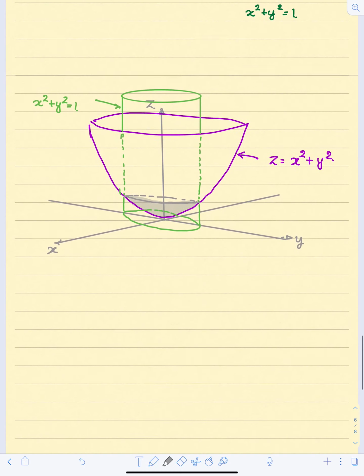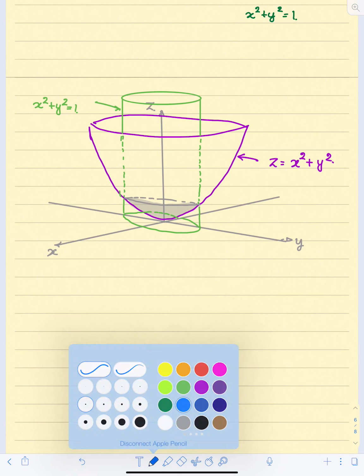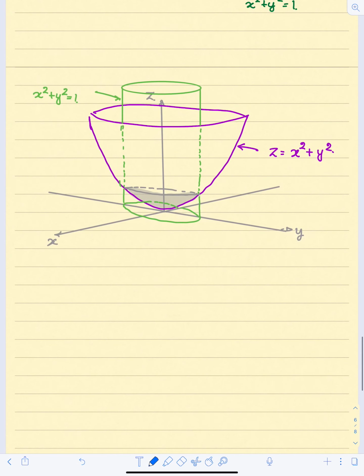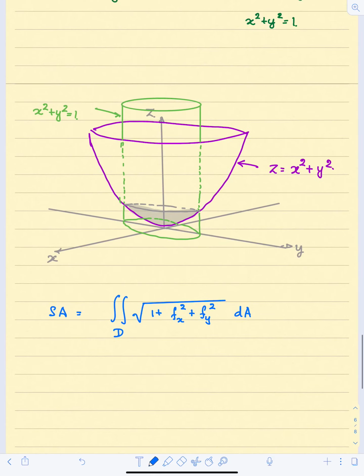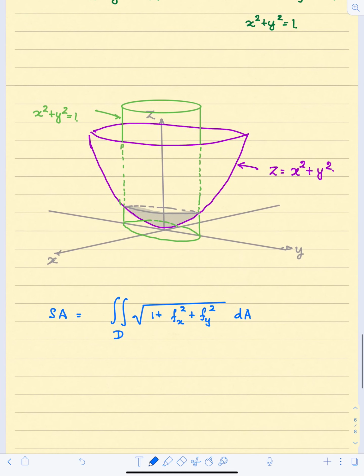Now we know that surface area equals the double integral of square root of 1 plus f sub x squared plus f sub y squared dA over a domain D. Now in this one our f is x squared plus y squared, because that's the surface.